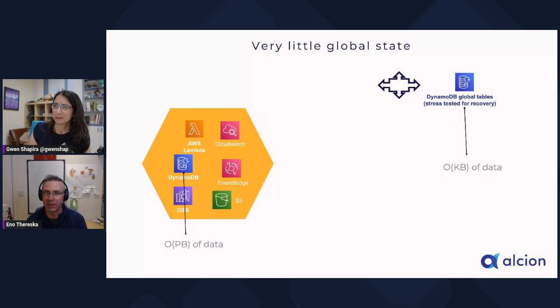We have a little bit of per-tenant information in a DynamoDB database, which is a global one, so it's replicated around the world. And this DynamoDB database is also stress tested for recovery. We have backed it up. We do game days where we test its recoverability under failure. And more importantly, there's very little state, on the order of kilobytes of data.